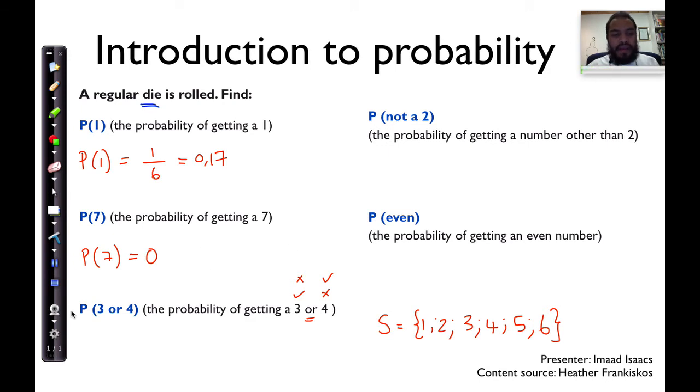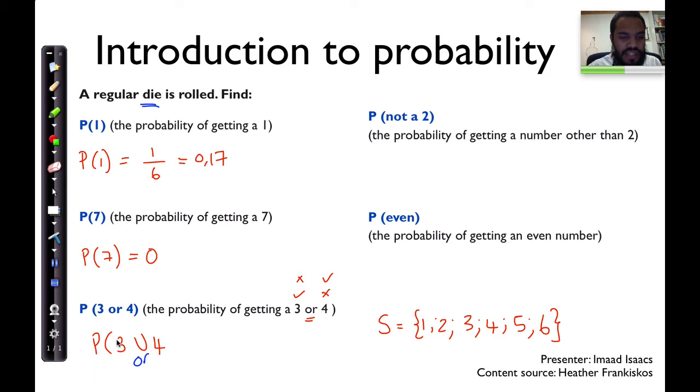Now, for this type of condition, 3 or 4, you cannot possibly complete both. So when we look at the probability of getting a 3 or getting a 4, we say probability of 3 union 4. This union symbol is a shorthand for saying OR.